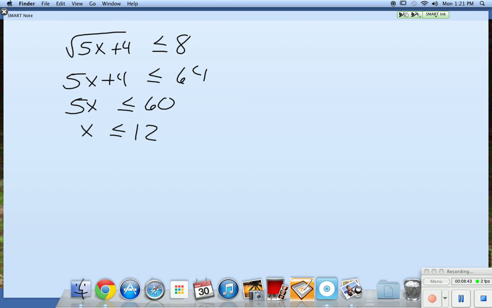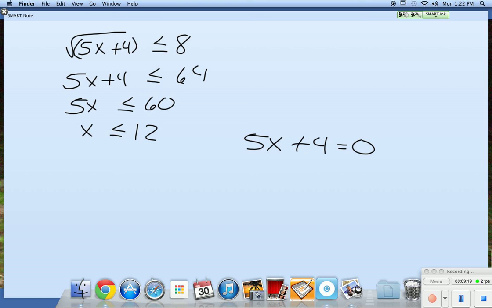Here's the problem. X is less than 12. Can X be a negative number? No. Well, it can be a negative number, but this in here, right here, cannot be negative. 5x plus 4 cannot be less than 0. So what we're going to do is we're going to set this equal to 0 and find out where our lower limit is in this case.